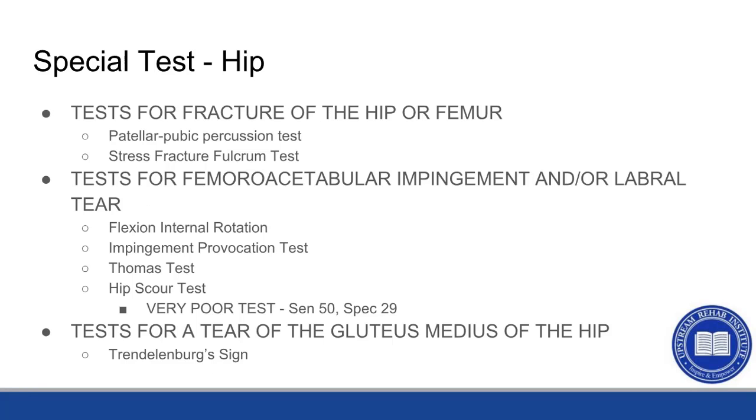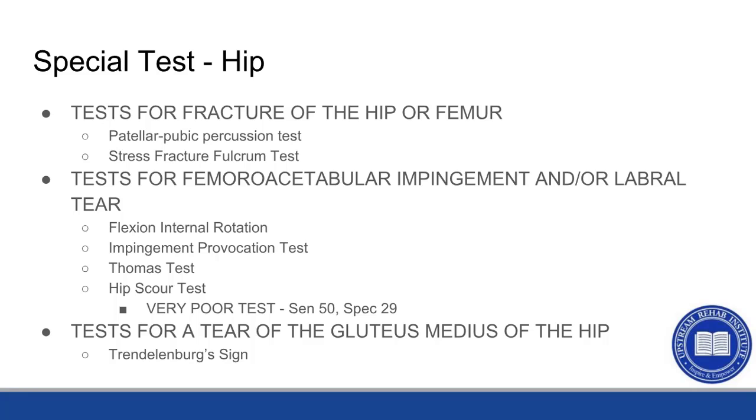So here are a few that pass the criteria we listed. For a fracture of the hip or femur, you can use the patellar-pubic percussion test for stress fracture. For any type of FAI or labral tear, the flexion internal rotation impingement test and the Thomas test are all good tests. One big test that is very poor is the Scour test.